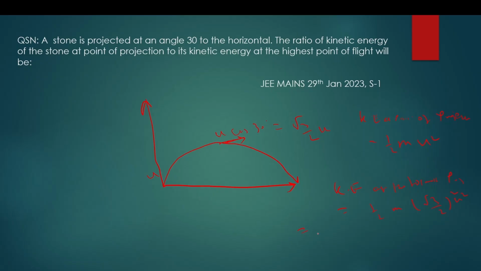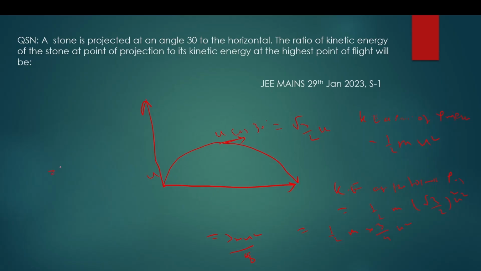Finally we are getting half m into 3 by 4 u square, which is 3 m u square upon 8. Now we have to calculate the ratio.